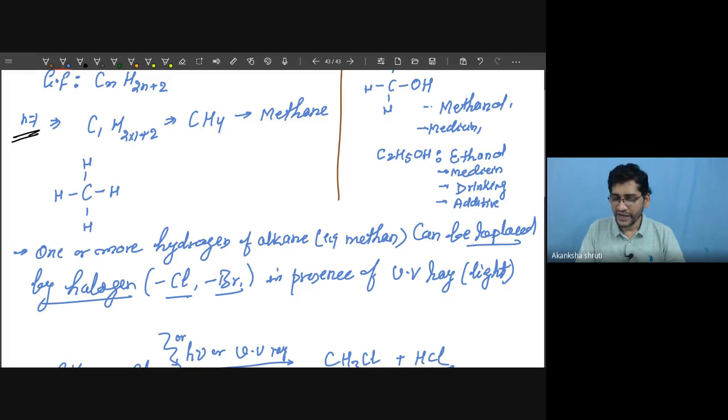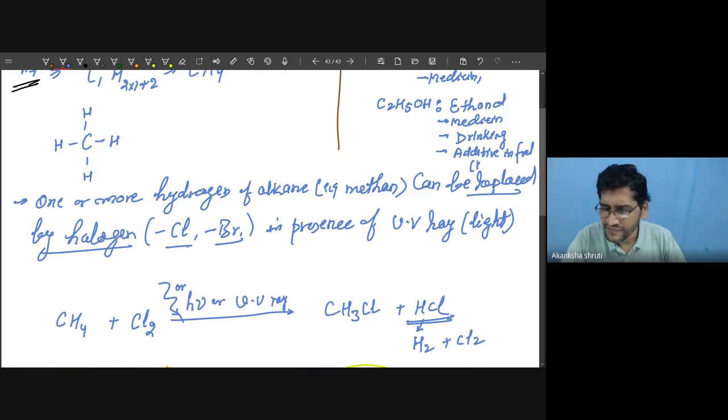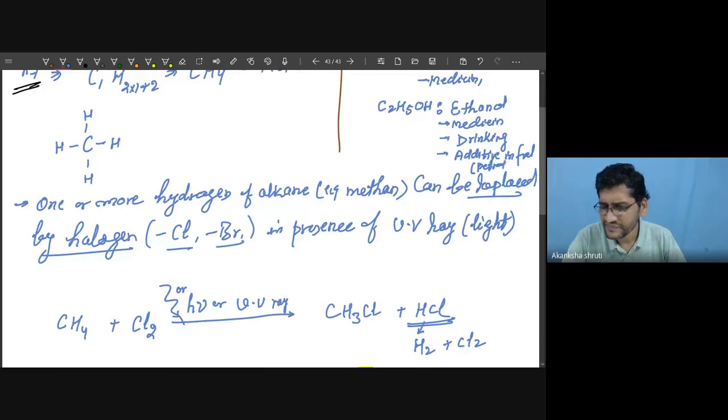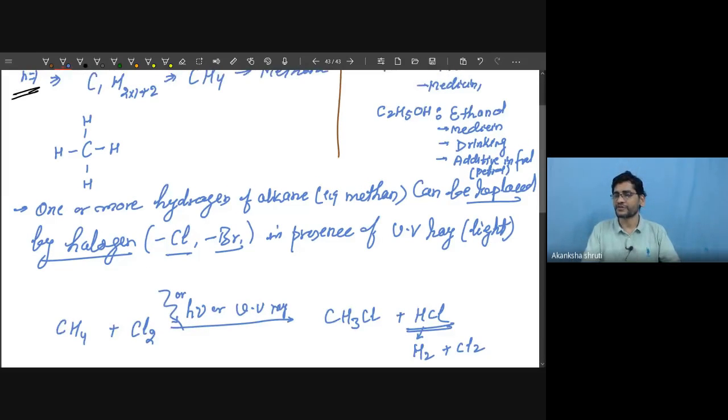In addition, the depletion of natural resources like petroleum can also be reduced. So used as additive in fuel, like our petrol. In petrol, 5% of this is added.